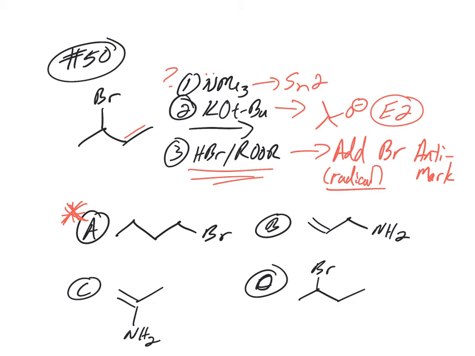Also, what you can look at here is the NMR or IRs. If you look at this, C and B both have alkene CHs. Where are alkene CHs at in an NMR? What ppm?